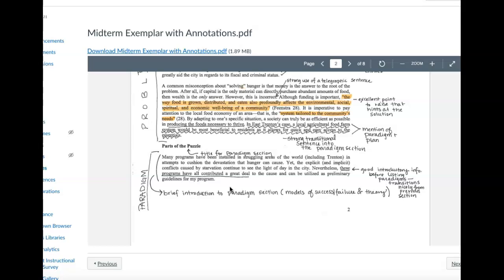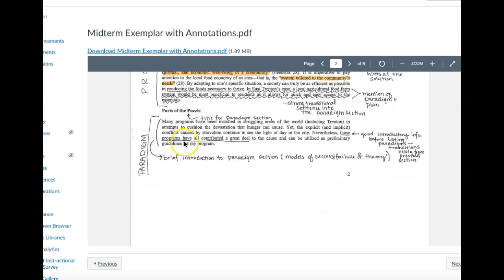Nevertheless, these programs have all contributed a great deal to the cause and can be utilized as preliminary guidelines for my program. So you can see you're looking for other things or programs or resources or structures that were successful, and you're going to use those that are well researched and proven to be successful to build your plan. So that's his brief intro.